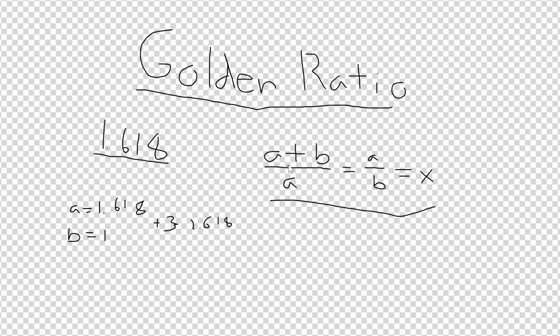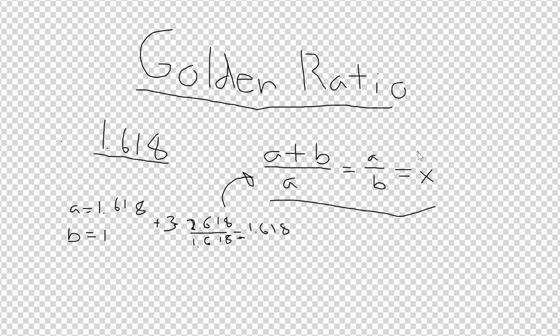Now, if we take A plus B, which is 2.618, and we divide that by 1.618, this is equal roughly 1.618, which is this.